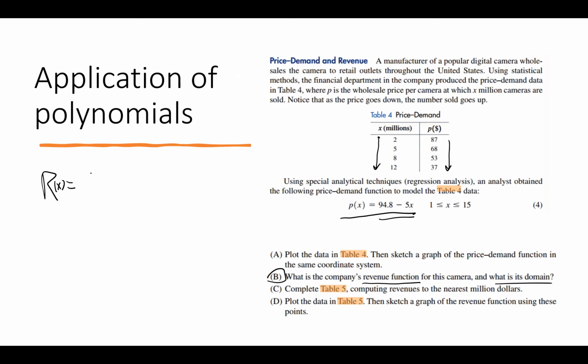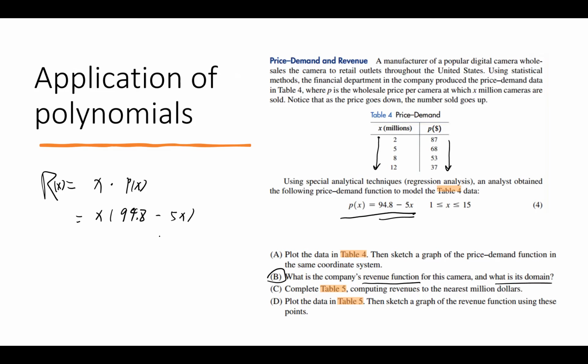So R can be calculated as the number of units sold multiplied by the price of each unit, right? This is just the basic formula for how we calculate the revenue. If we plug in, then we have x times (94.8 minus 5x), right? So this is the revenue we can get.